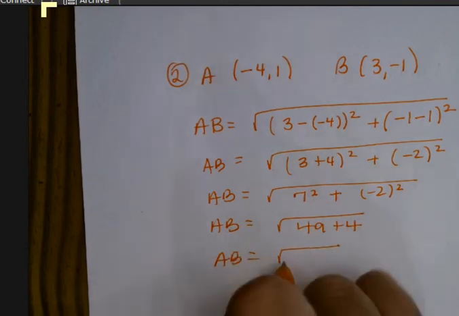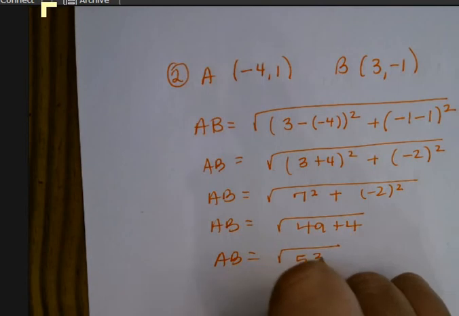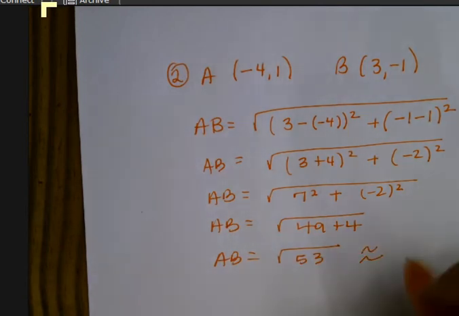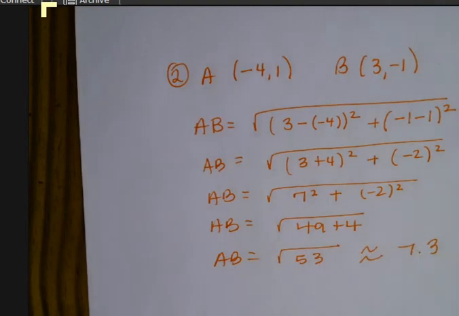Square root of 53, which when I put it into my Desmos, I get about 7.3. Final answer. This just means about. It's a rounded answer, nothing fancy. If you put equals, it's not wrong as well. It just means it's approximate. All it means.